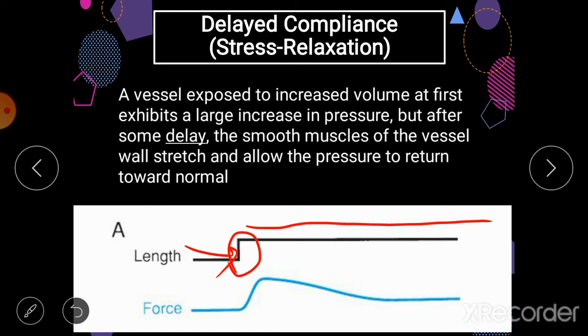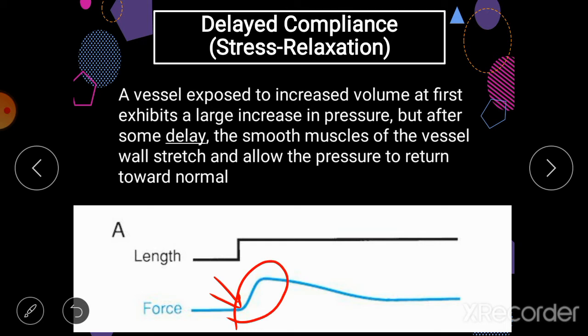Now let's see what happens to the pressure within the vessel wall. Immediately after injecting blood, you will see a sudden rise in the pressure in the vessel wall. But this sustained stretch will cause this pressure to fall back towards normal over time.